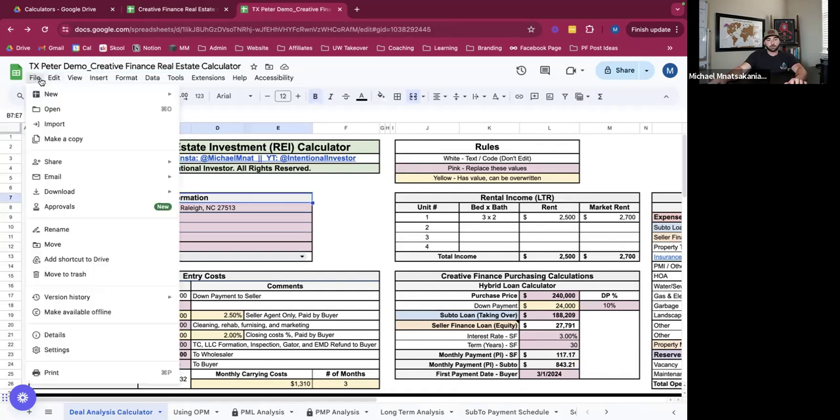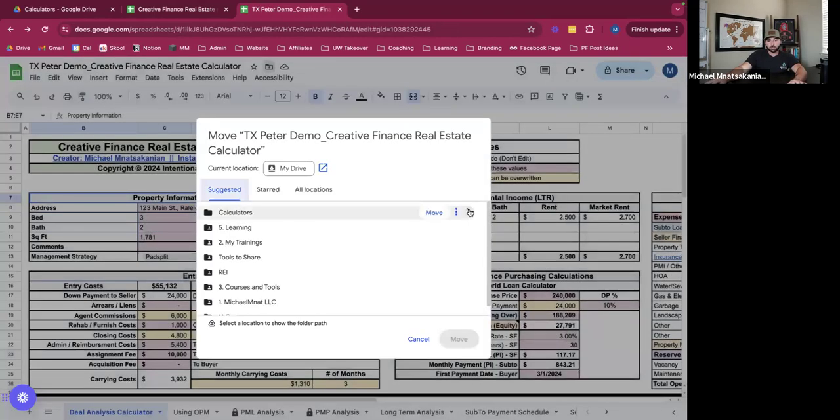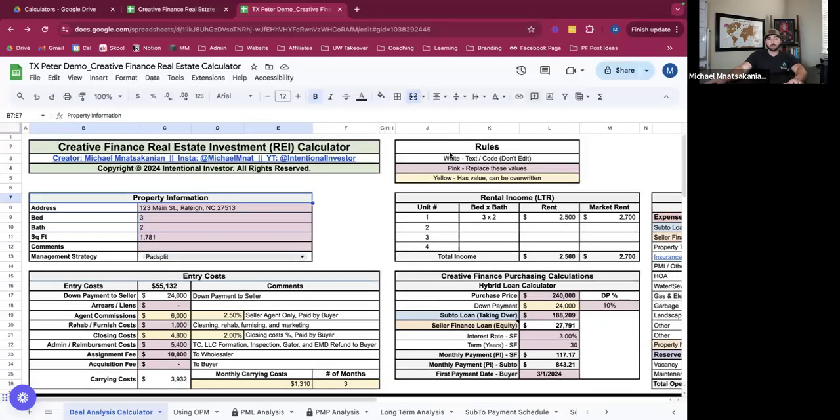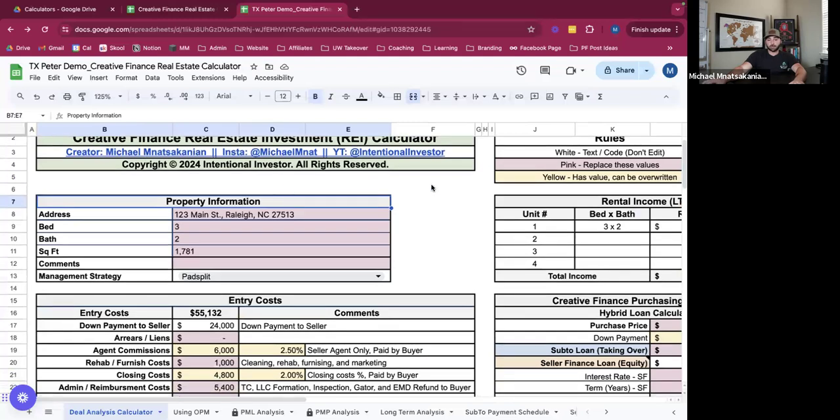And then you go to File, and you want to organize it wherever you're underwriting your deals. For me, it's calculators, and then practice underwriting is where this is going to go. So you're always making a copy of the calculator. That's the foundational step, always. That's how I can share it with everyone. So let's get into the deal now.